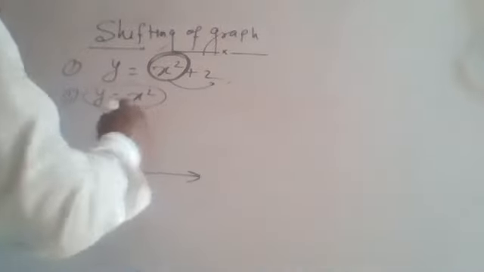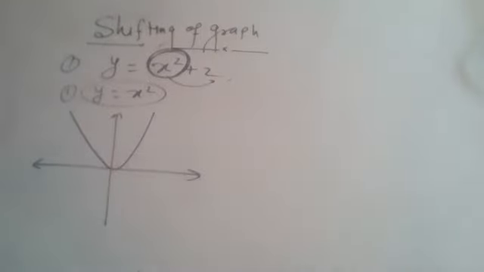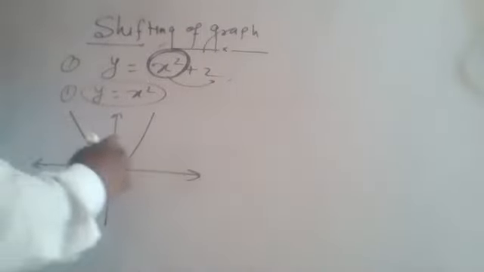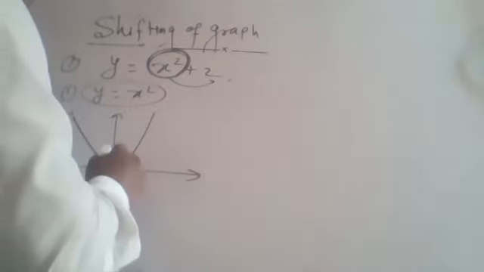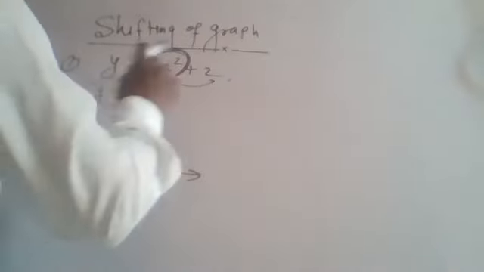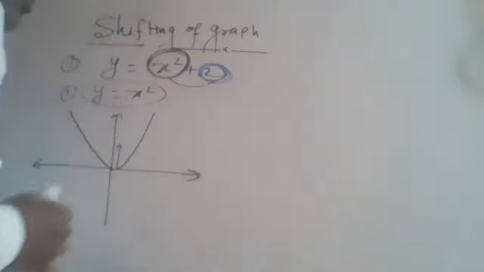As we know very well, the graph of y equals to x square is a parabola like this one. Now we have to shift this graph along positive y-axis at y equals to 2.